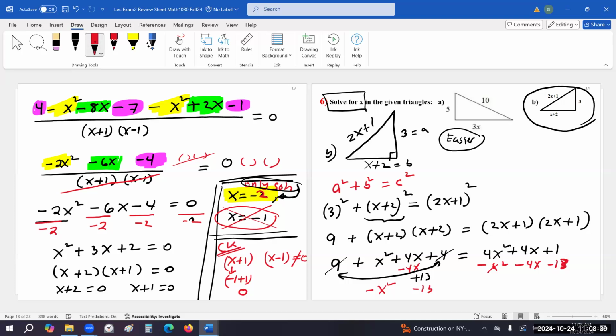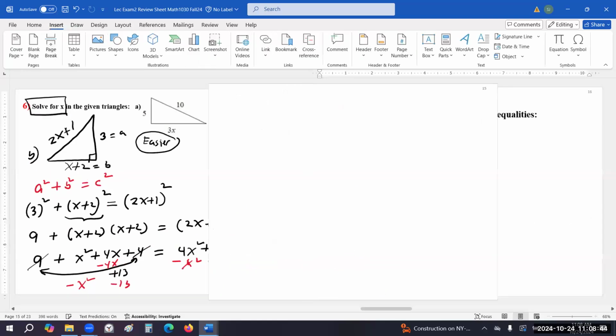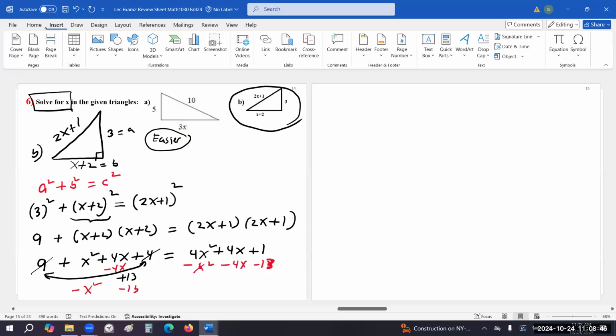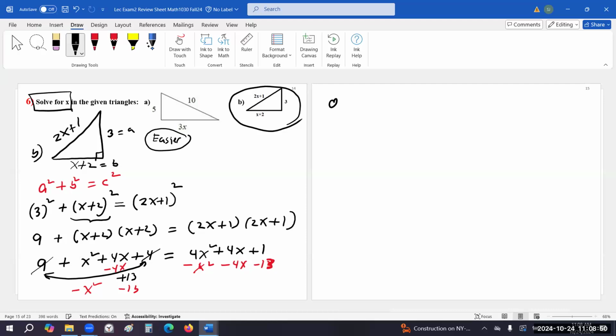Everything on the left side becomes 0, and on the right side we have 3x squared, the 4x cancel out, and we have minus 12. Both of them are divisible by 3, so we get x squared minus 4 is 0.